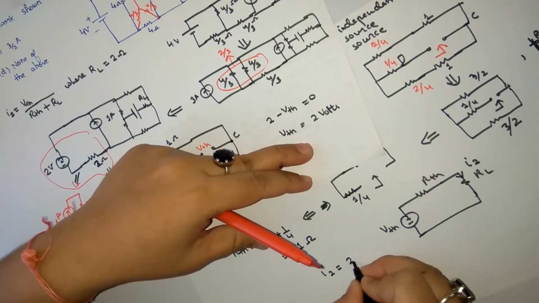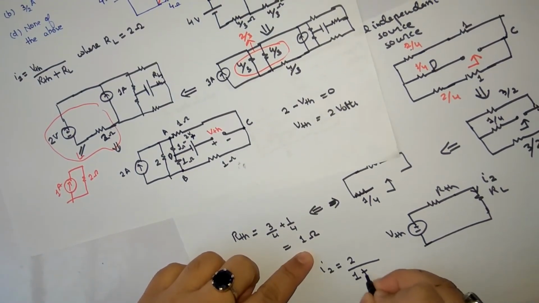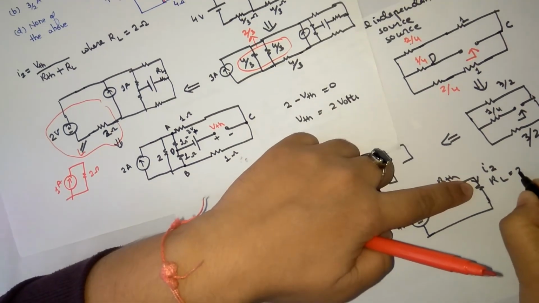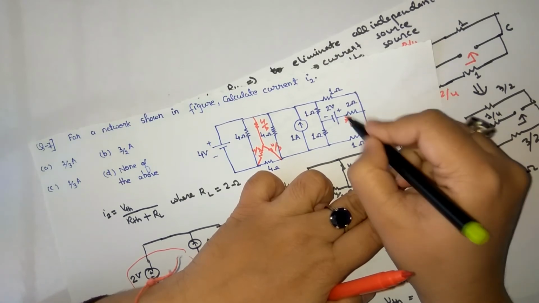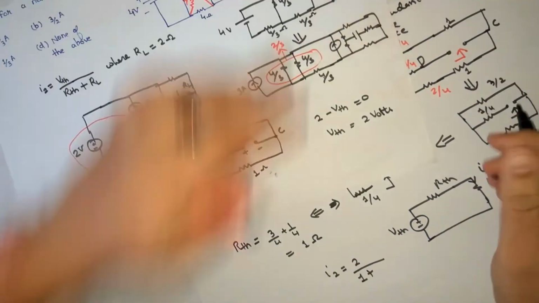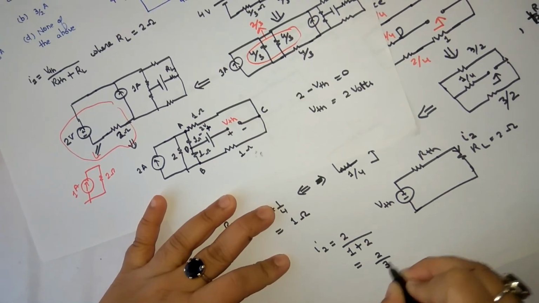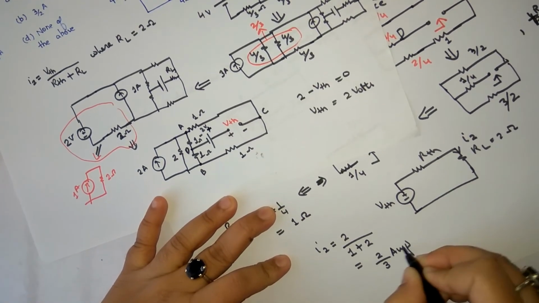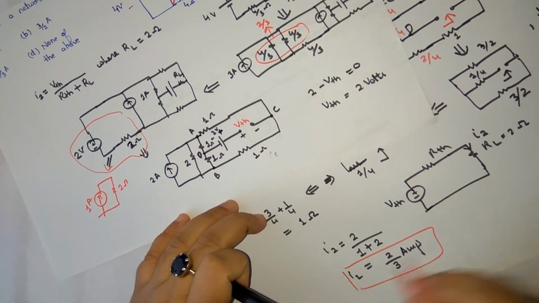My VTH is 2 volts. What is my RTH? My RTH is 1. And what is my RL? My RL equals 2 ohms. This was the 2 ohm from where I started, because I open circuited this. So this is 2 upon 1 plus 2. So I2 equals 2 by 3 ampere. So this is my answer.